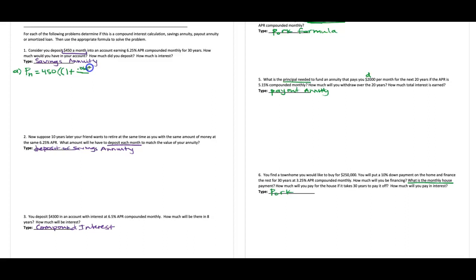Make sure you remember to always change those to decimals. It's being compounded monthly, so it's going to be divided by 12, and then raised to the nk power, so that's 30 times 12. And then this is all divided by R over K, so that's 0.0625 over 12.